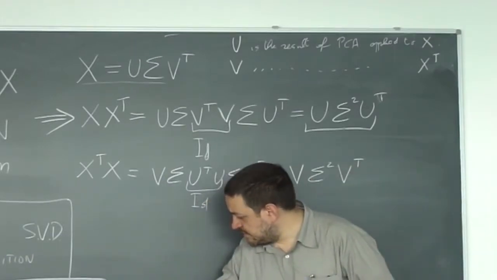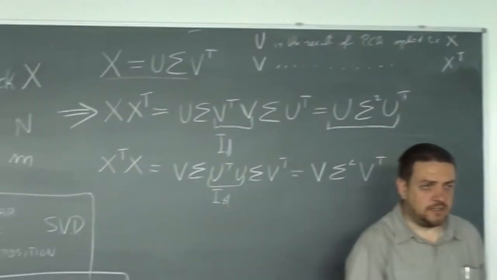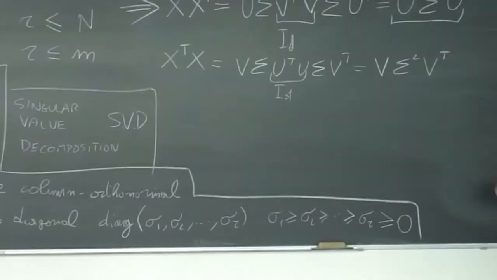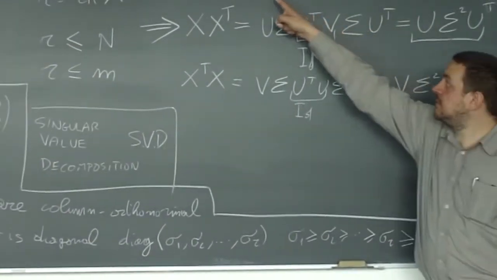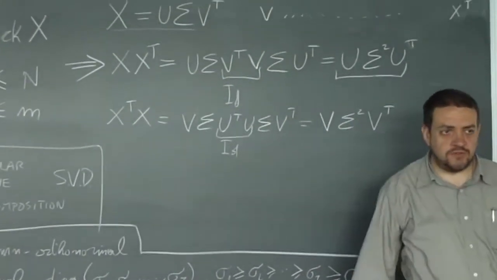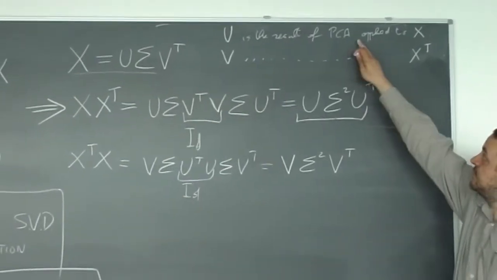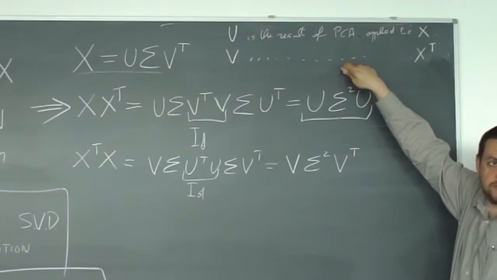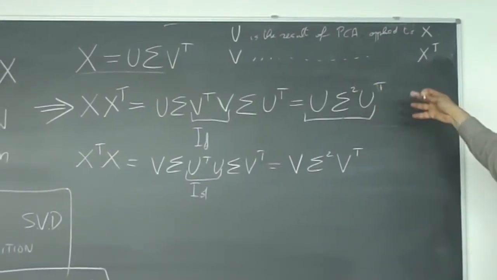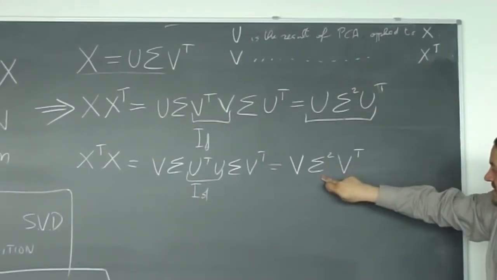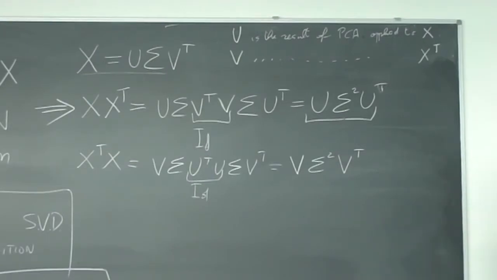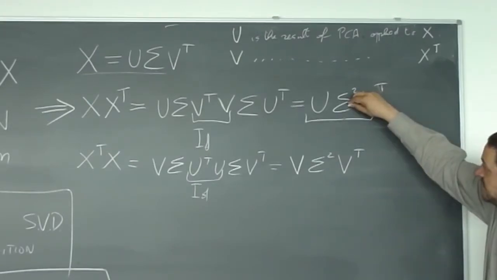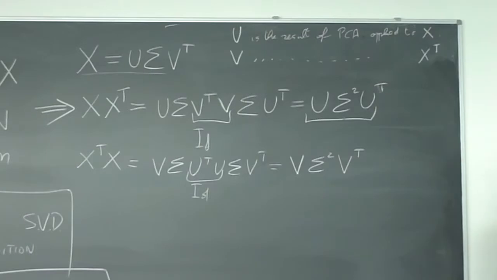The values sigma 1, sigma 2, sigma r that we need to complete this decomposition are simply the square roots of the eigenvalues that we find either with this decomposition or with this decomposition. We are guaranteed that they will be exactly the same. Okay, we have sigma squared both here and here.